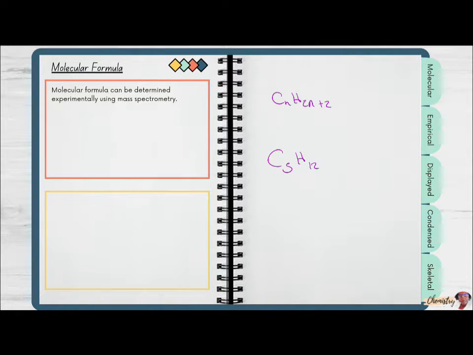From the formula, we know that we have 5 carbons and we have 12 hydrogens, but we don't know exactly how these carbons are linked together. Do we have a straight chain compound? Is it branched? If it is branched, which carbon is this branch on?